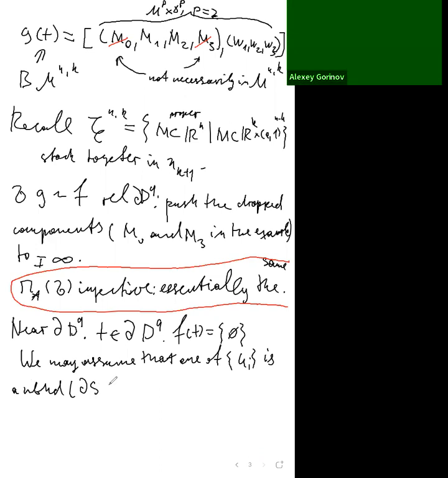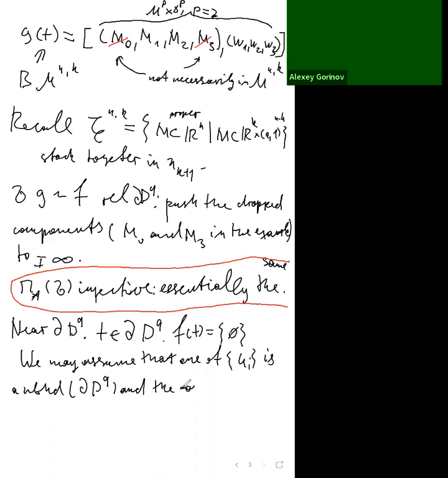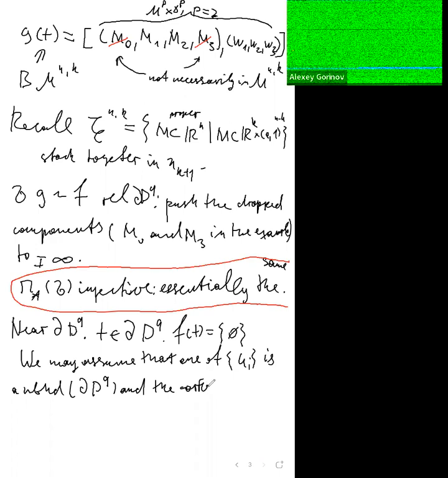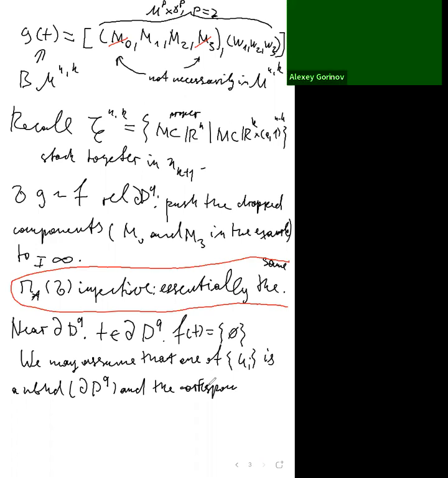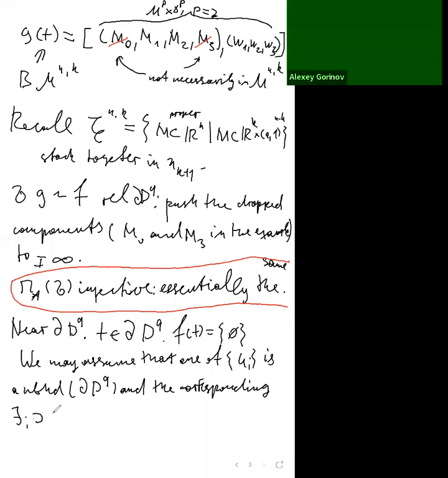Sorry. We may assume that one of the neighborhoods is a neighborhood of the boundary, and the corresponding interval can be chosen arbitrarily.